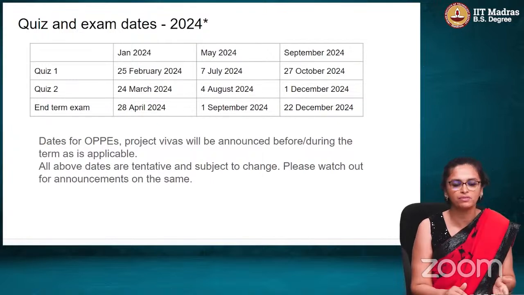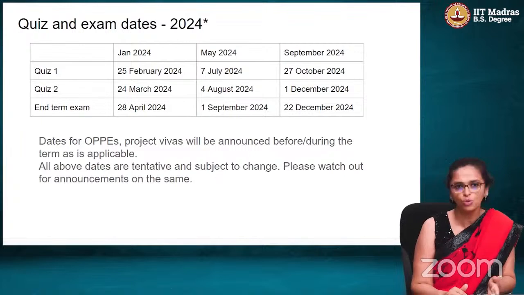The 3 terms are listed here, and the quiz 1, quiz 2, end term exam dates are given here. So these are finalized from our side. There will be no changes in this unless there is something very compelling for us to make the change, but we think that this will be the final schedule that we will adhere to.